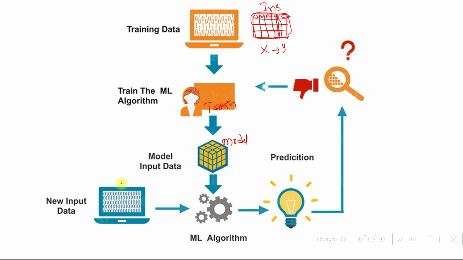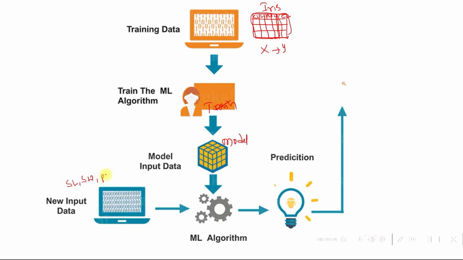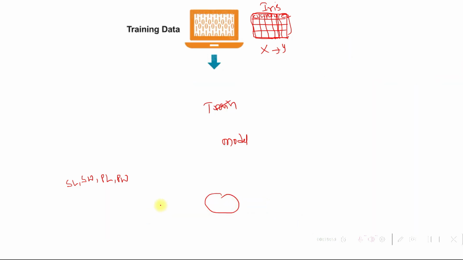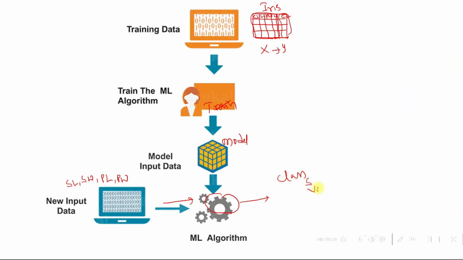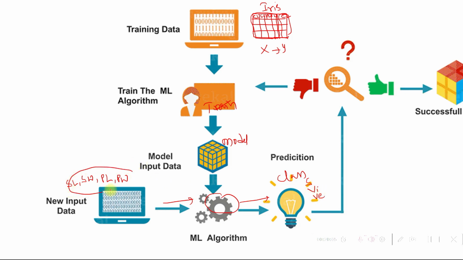For this model, we give new input, like new sepal length, new sepal width, petal length, petal width. Automatically the ML algorithm is going to predict the corresponding class label, whether it is setosa, versicolor, or virginica. It will predict based on the new input data.